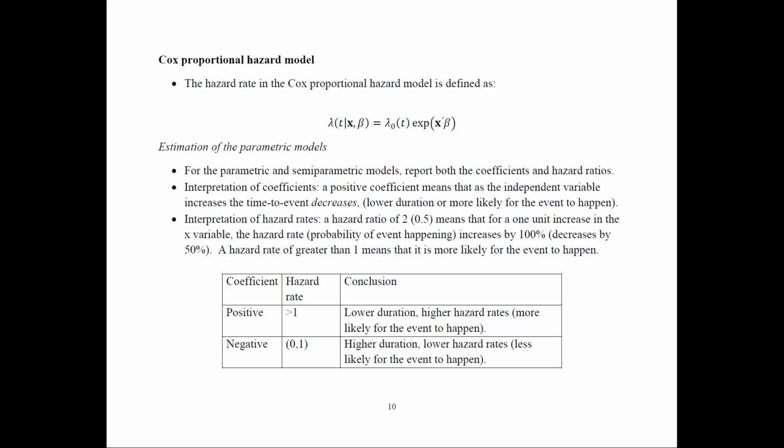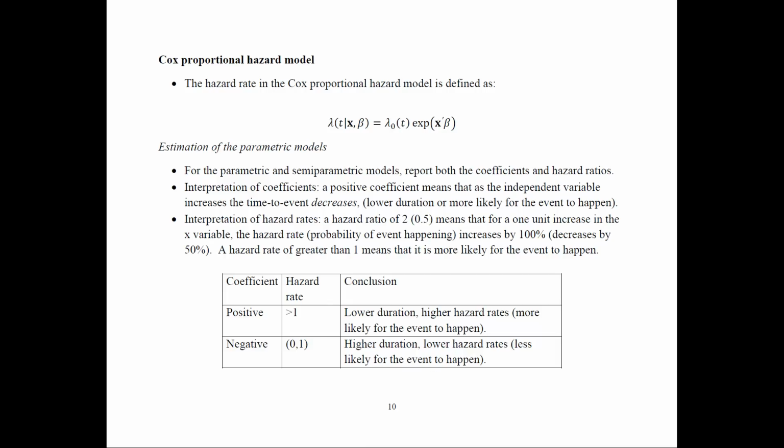Here's the correspondence between coefficients and hazard ratios. If the coefficient is positive, that would lead to a hazard ratio greater than 1. This would mean lower duration or higher hazard rate, so more likely for the event to happen. And negative coefficients would have hazard ratios between 0 and 1. This would mean higher duration and lower hazard rates, or less likely for the event to happen.